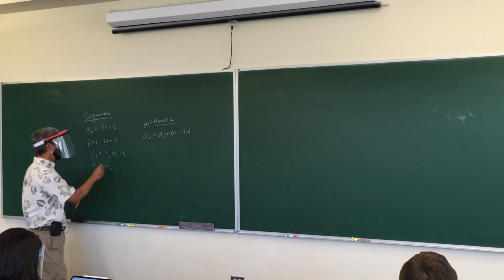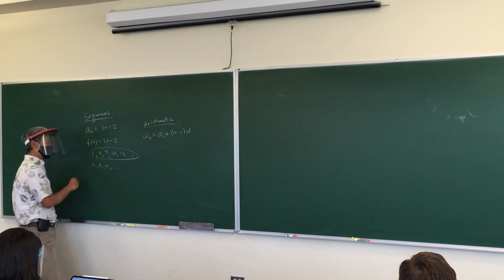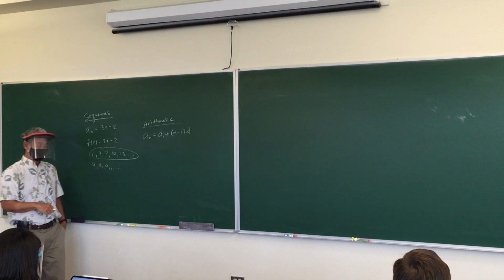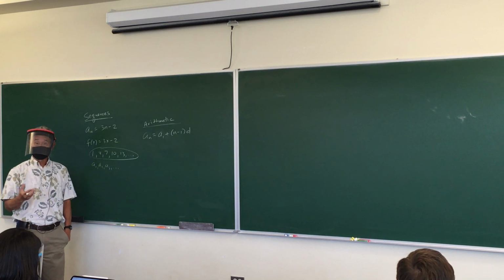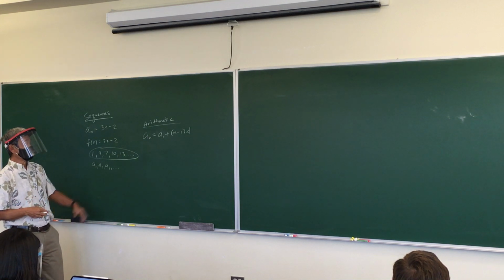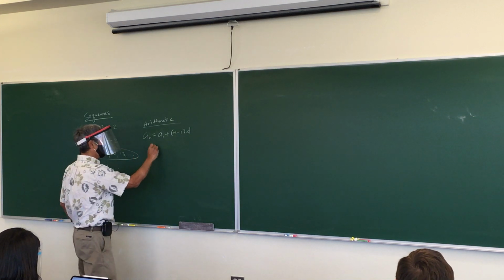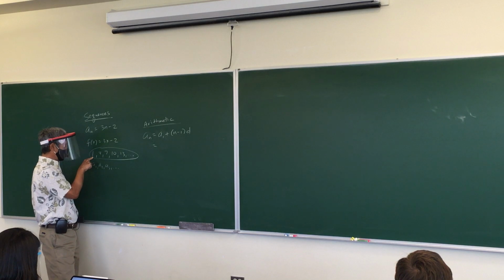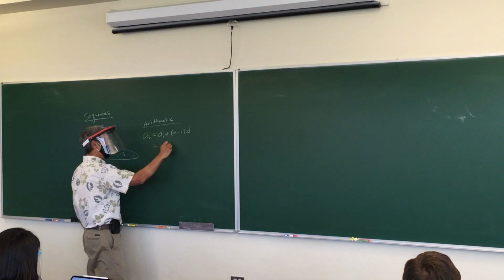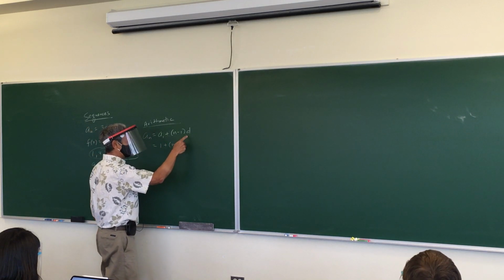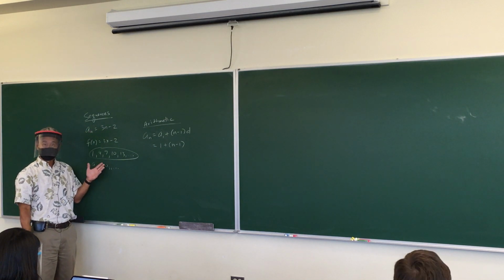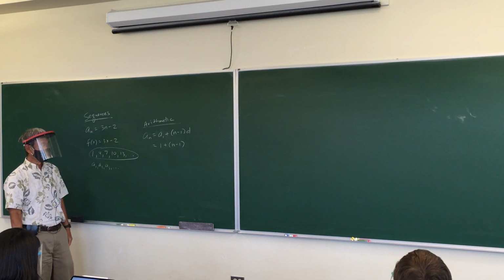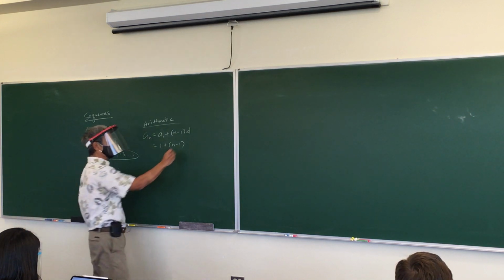So for example, you have this sequence over here. It's arithmetic. What if I ask you to write the explicit formula for the sequence? Then you just simply do this. A sub 1 is the first term, 1. Then you write n minus 1, and then you just ask yourself, what is d? What is the common difference? What number do I have to keep adding every time? 3. And there you go.